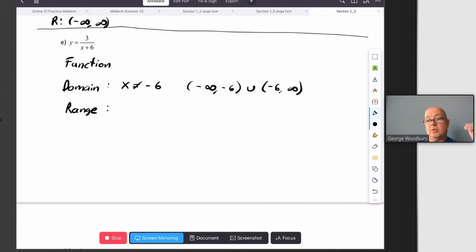The bigger the denominator, the smaller it gets. It can get as close to 0 as possible without touching it. And on the other side, it can be any negative value except for 0. So here, all we know is that y cannot be equal to 0. And we write that in the same way, trading out the -6 for 0 in the range.